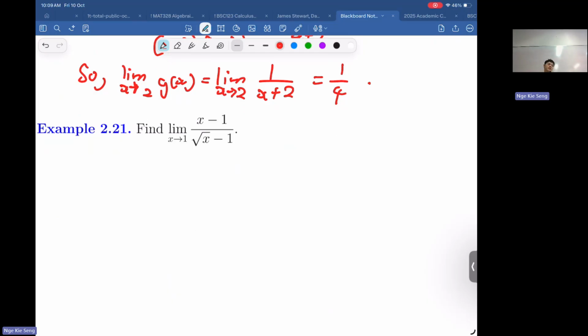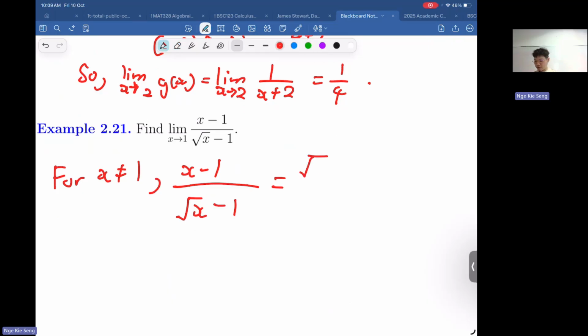But this is actually the reverse engineering of difference of two squares.